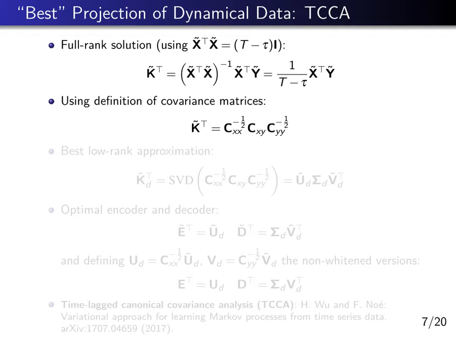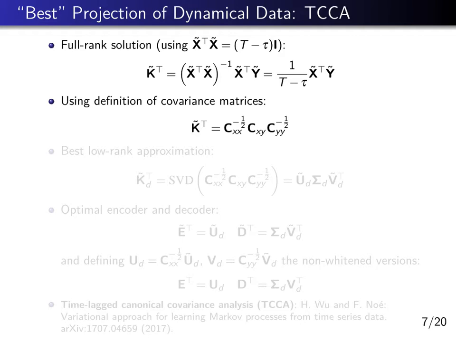If we do this for both x and y and rewrite K in this form, we get this form in terms of the covariance matrices: Cxx to the minus 1/2, Cxy, Cyy to the minus 1/2. That is the same expression as above, just rewritten in covariance matrices.